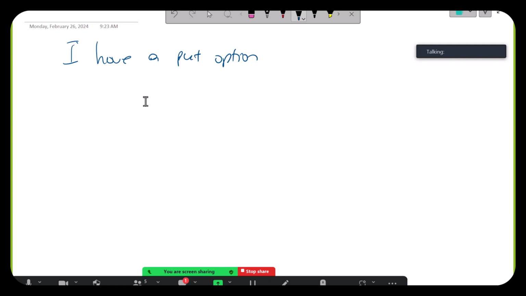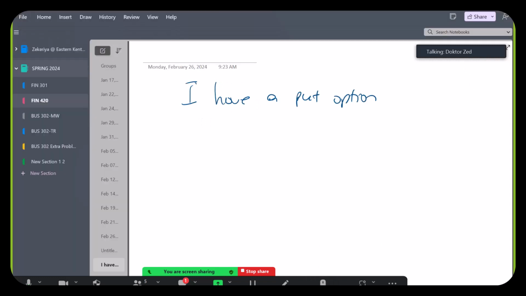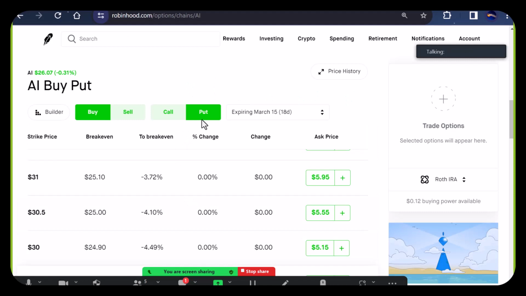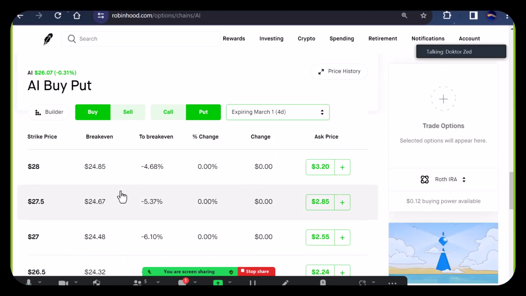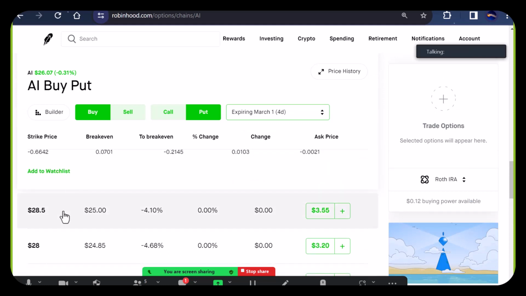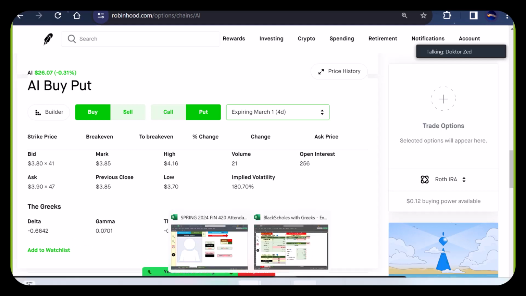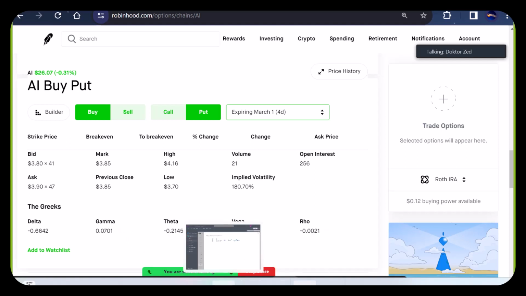In fact, I'm going to go ahead and read them directly from Robinhood. It is a delta of 0.6642. I guess I need to multiply the gamma by another hundreds. I forgot doing that. But let's go ahead and write these down.